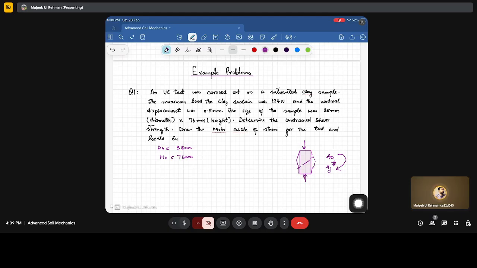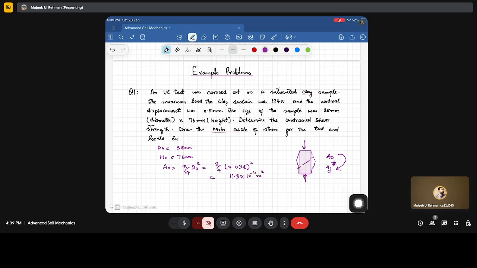Can you calculate the initial area? That is pi by 4 D naught square, so pi by 4 into 0.038 square, which comes out to be 11.3 into 10 raised to the power minus 4 meter square.